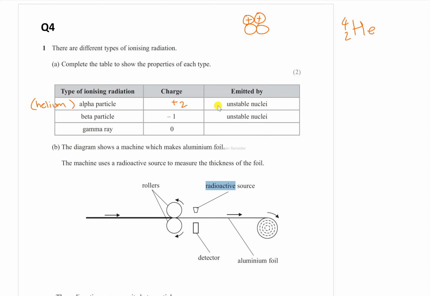A beta particle is an electron, so it's got a -1 charge and a very negligible, small mass. And a gamma ray has got no charge, and it's emitted by unstable nuclei. It's good to know that, actually. So let's take a snapshot of this and revise this.